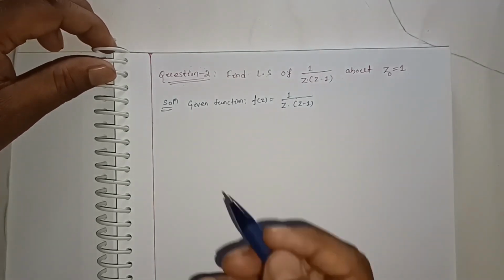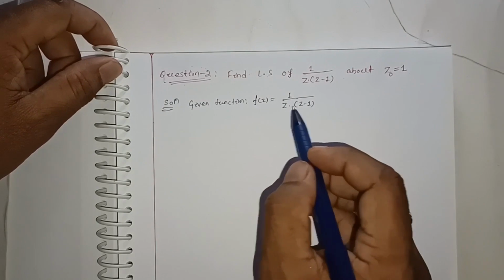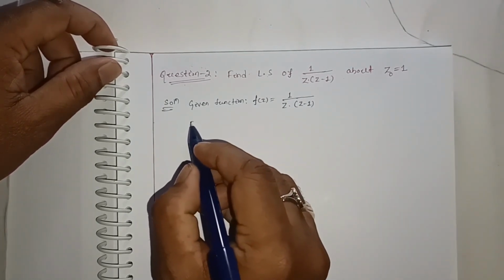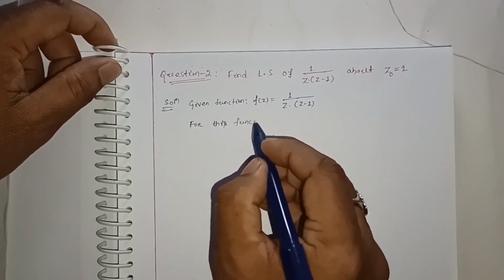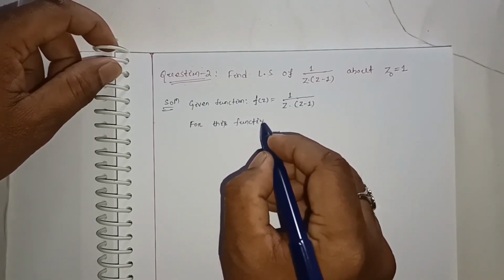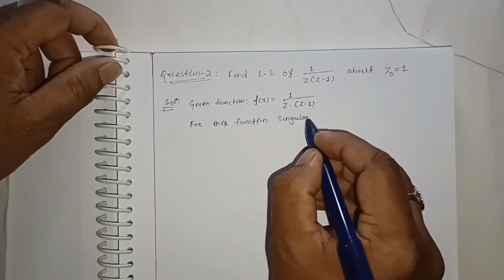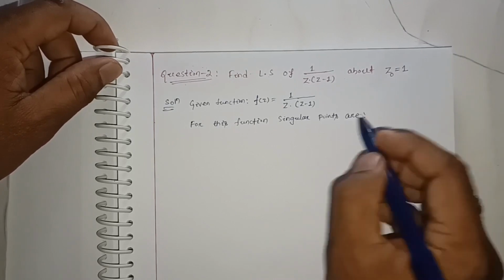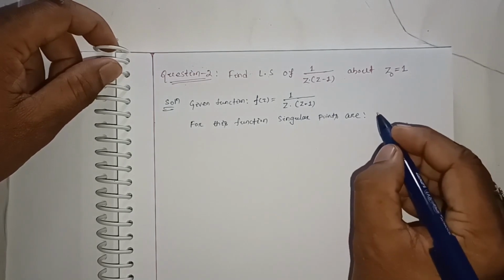First we have to write what the singular points of this function are. For the given function, the singular points are z equal to 0 and z equal to 1.